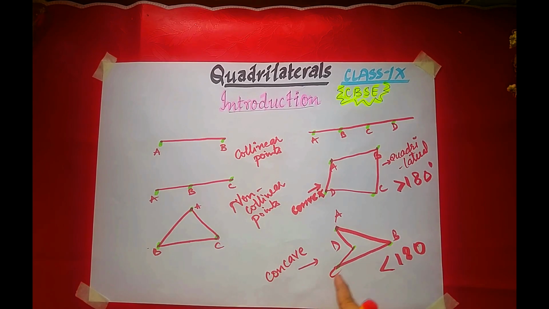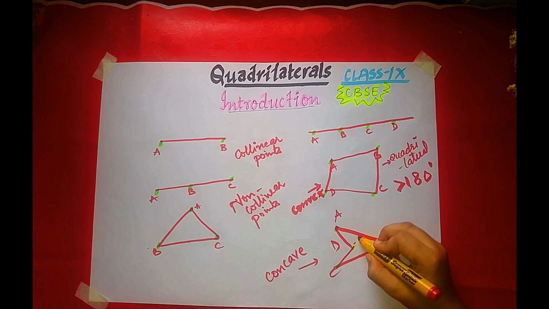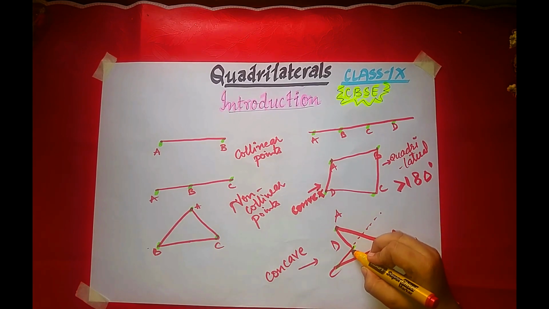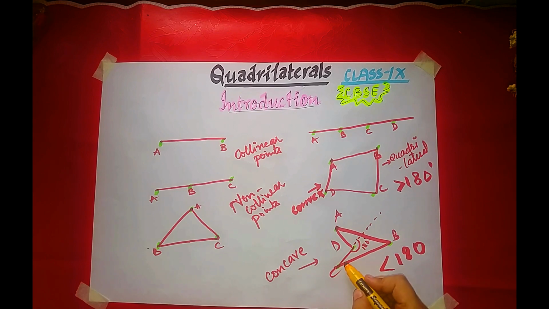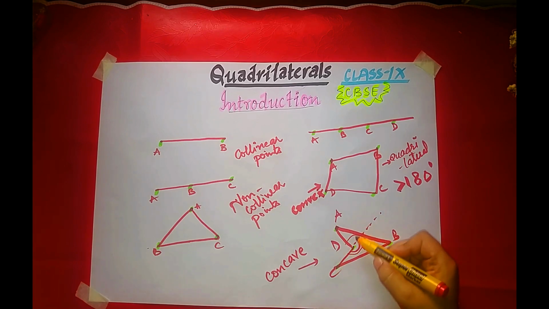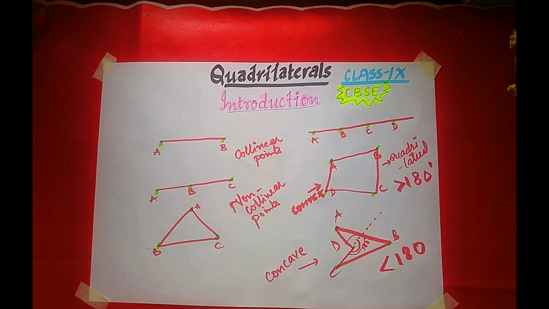Like for instance, in this figure, if you extend this line, you will see that this is 180 degrees. But the angle formed by CDA, the entire reflex angle of CDA, is more than 180 degrees. Right, students?